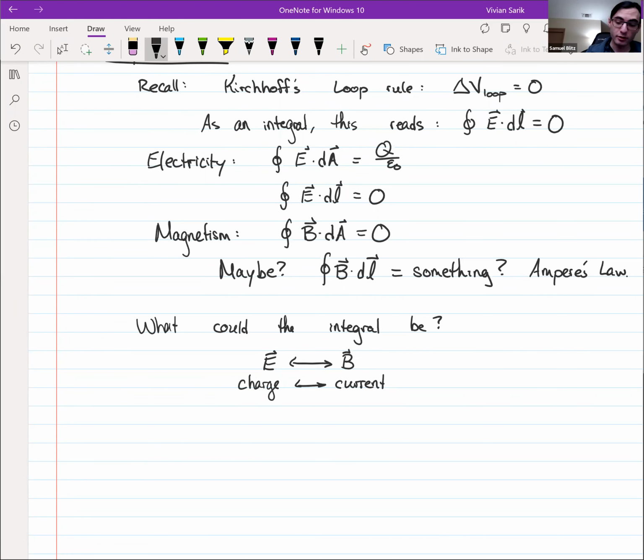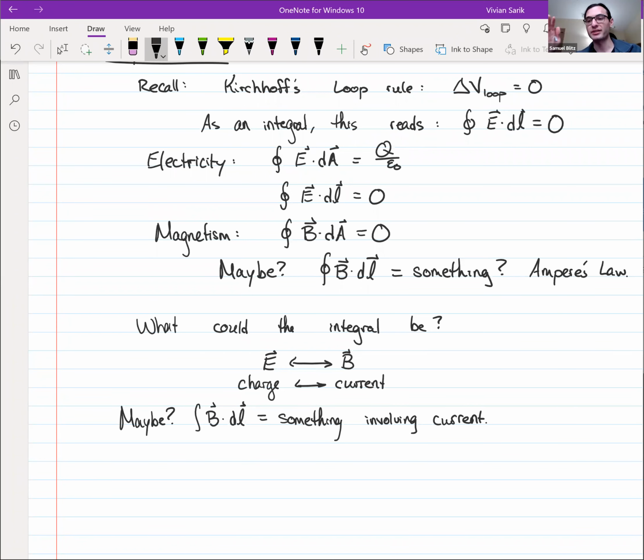So we should have that B dot dl is something involving current, at least if we want this duality to be maintained, right? And we do, because electricity and magnetism seem to be very closely related. So the question is how do we figure out what that something is?